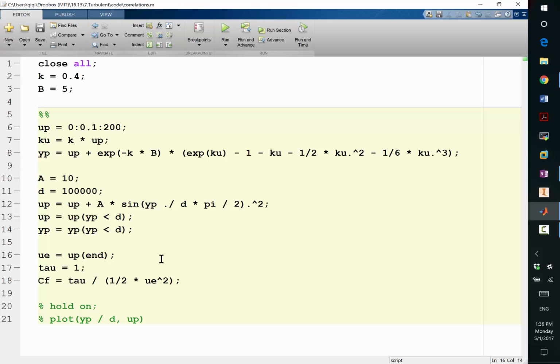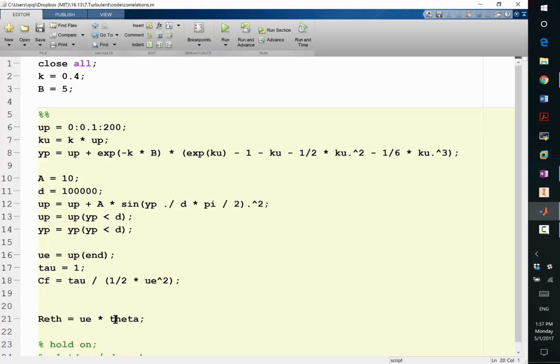Oh yeah, not only do we have a CF, but we should also be able to compute, for example, RE theta. So in order for me to compute RE theta, I need what? I need UE times theta divided by nu, which again in this unit, nu is equal to 1. That's right. Okay, so in order for me to have this, I need not only UE but also theta.